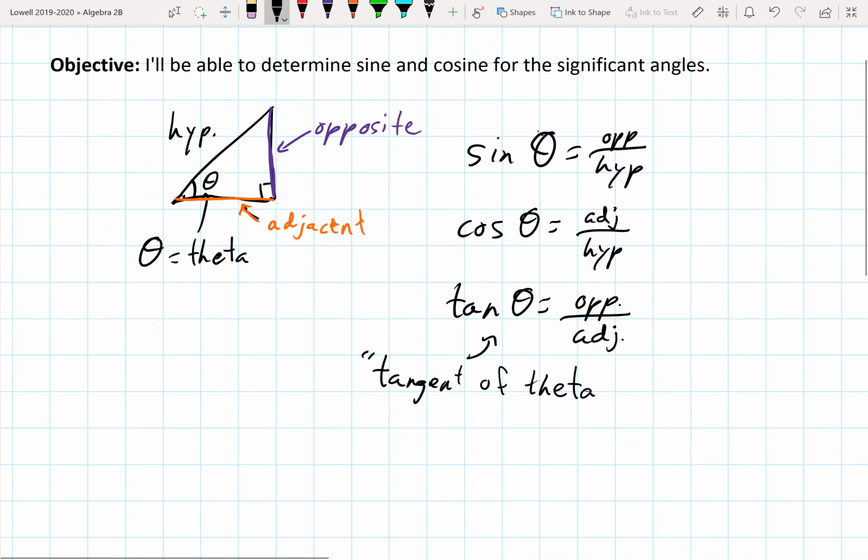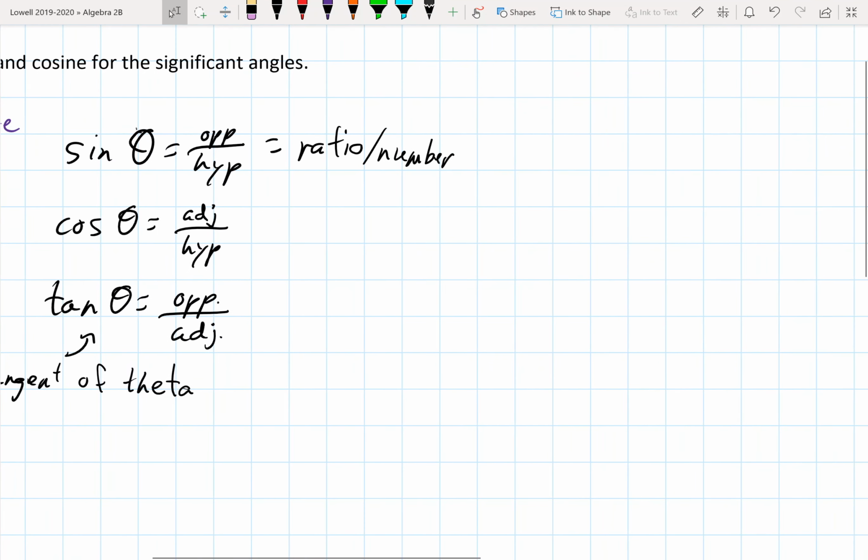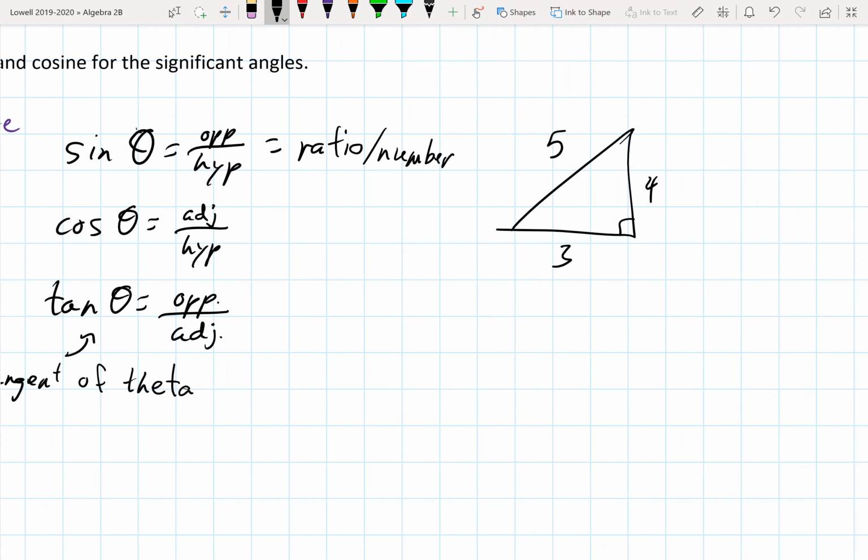Here's a quick example, because I said opposite, adjacent, and hypotenuse. Remember that the values these trig functions put out are just ratios, in other words, numbers. Let's pretend I have a 3, 4, 5 triangle. I'm using a 3, 4, 5 triangle because I know it's a right triangle.